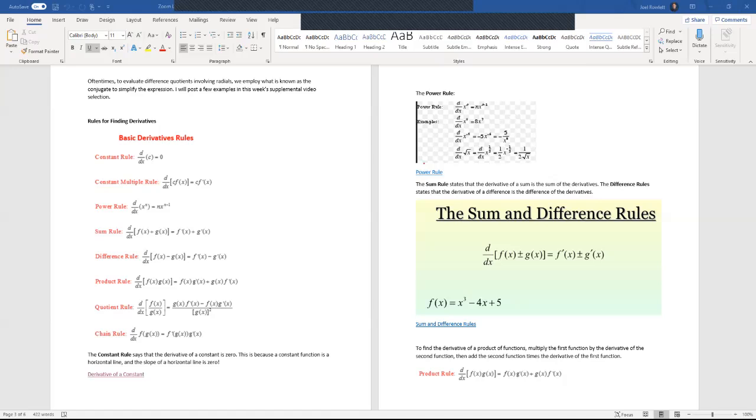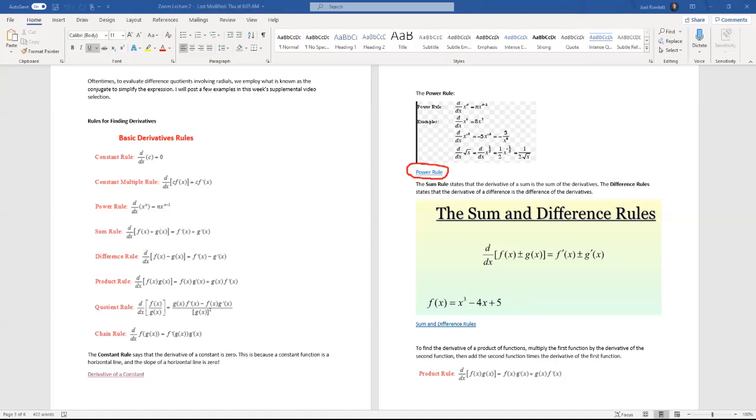Again, there will be a video posted here for the power rule, and there will be a video posted for the sum and difference rules. And just for fun, let's look at the derivative of this function here.